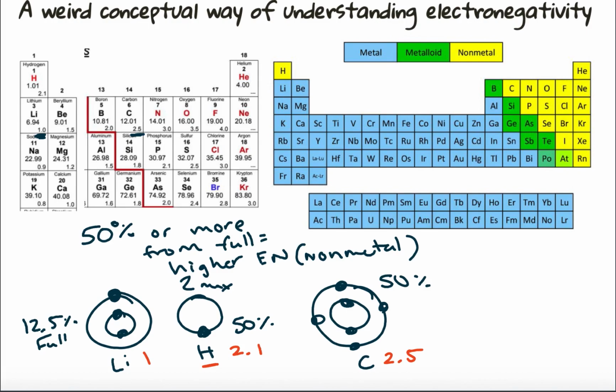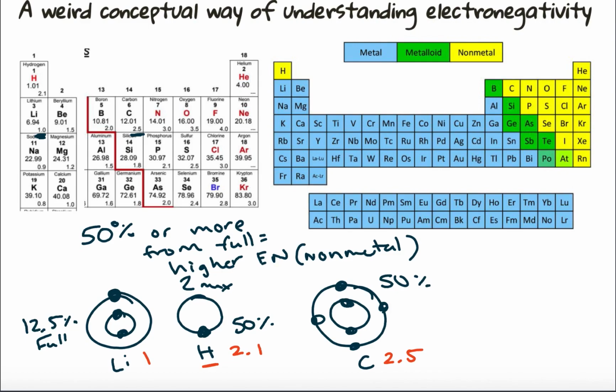So 50% or higher means you have a much larger electronegativity number. In fact, hydrogen and carbon have such similar electronegativity values that if they bond together, they pretty much share electrons equally, meaning they form a nonpolar covalent bond. We'll get into what that means in a little bit.